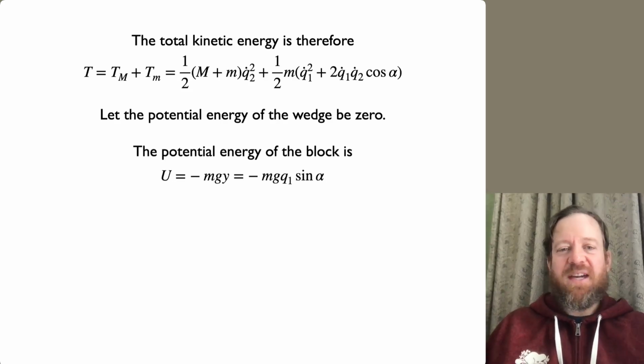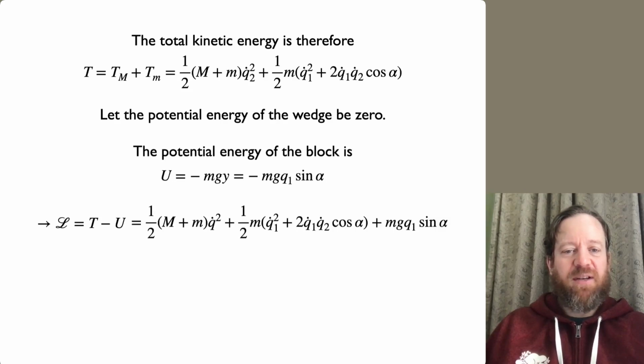And with that, we can proceed on to the next step and write down our Lagrangian, which, as always, is going to be equal to T minus U. We substitute in for T, which we have at the top of the page, and for U, which we have halfway down, and that gives us the Lagrangian being equal to 1/2 times big M plus little m times q2 dot squared. I'm missing a 2 there.